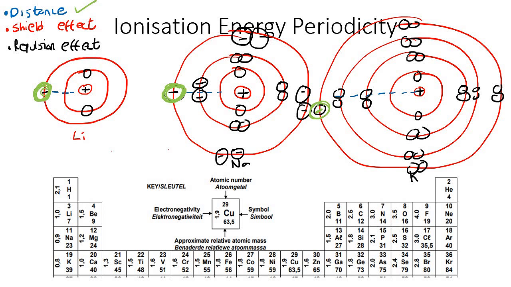So with this one over here, look at how many layers of shields there are. You see there's multiple layers of shielding, and so this poor electron over here is hardly able to experience the force of the nucleus because these electrons are getting in the way. They're blocking that force, whereas this electron is hardly being blocked at all, and so all of this force is able to reach this electron.